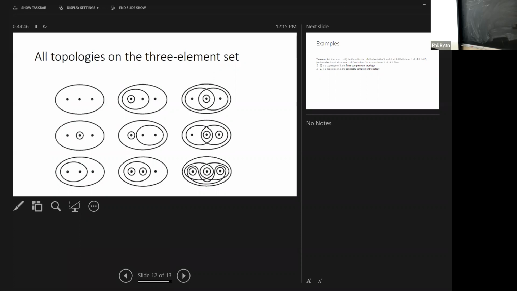Because this one is obviously in bijection with that one. We'll talk about what that's called, a homeomorphism. So, it's an interesting little problem to count the number of finite topologies. It'll grow pretty rapidly, I would think.